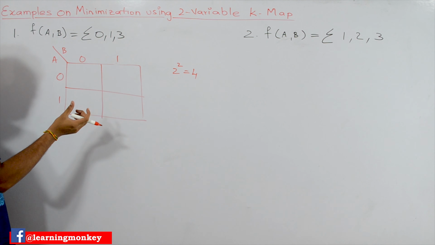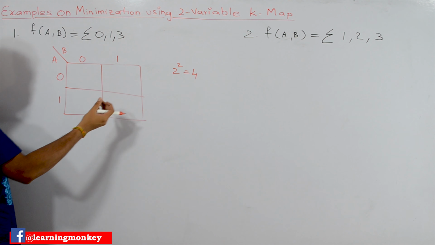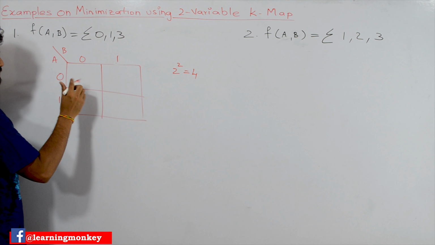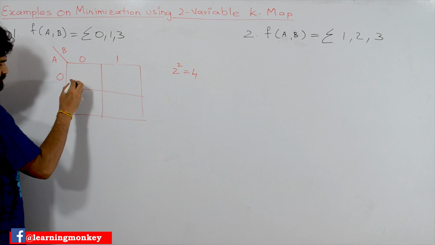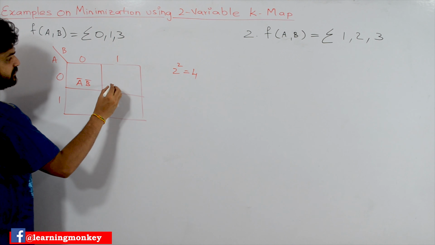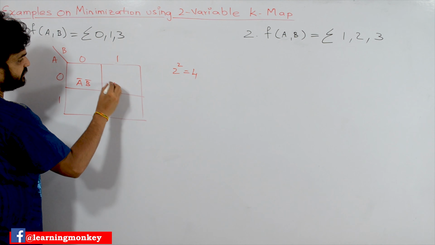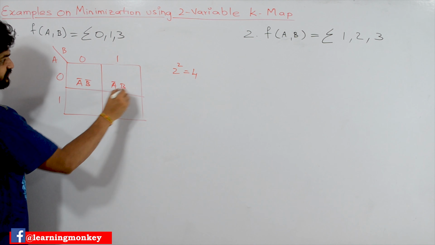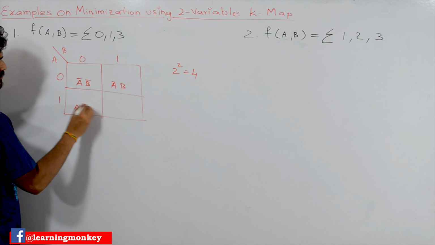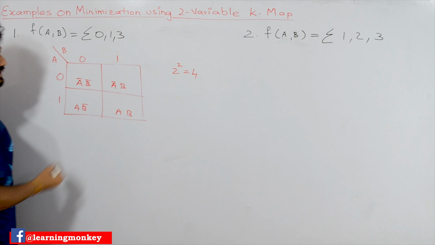So let's be specific for this video. This cell is A complement B complement, this is A complement B, this is A B complement, and this is AB.